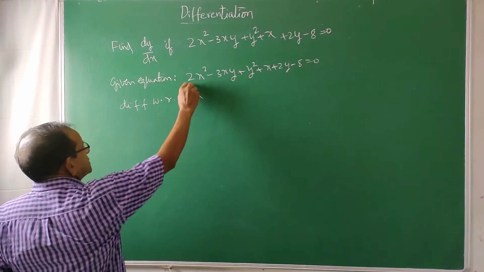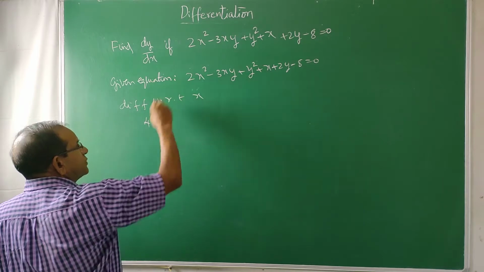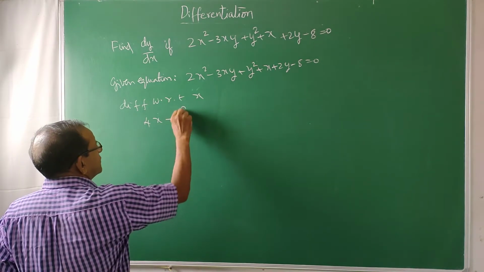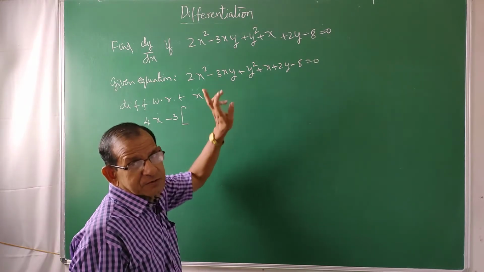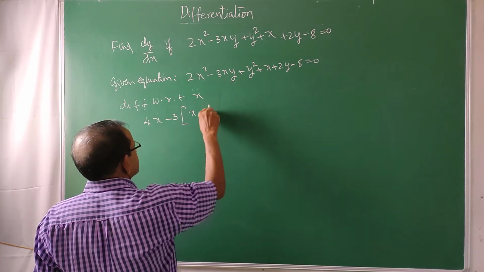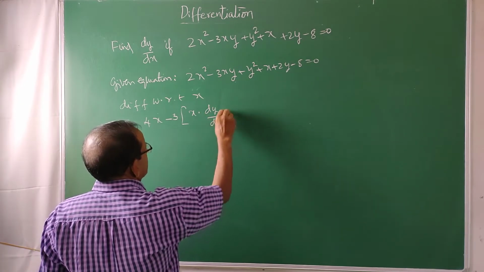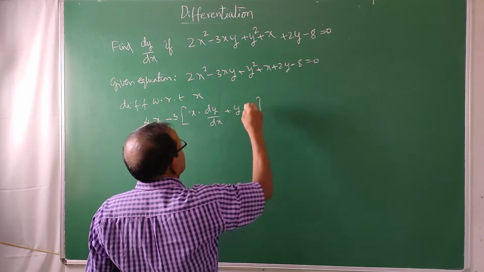Now 2x square derivative is 4x, x square derivative is 2x, into 2. Minus 3 into x into y, it is a product. We have to use product rule. First x into derivative of y with respect to x is dy by dx, plus y into derivative of x is 1, y into 1, that is over.